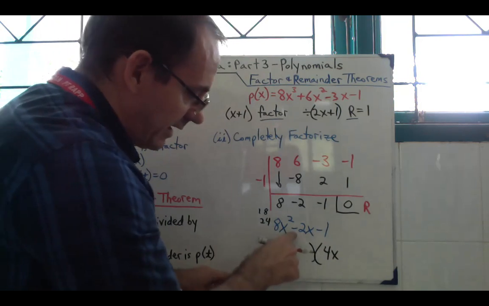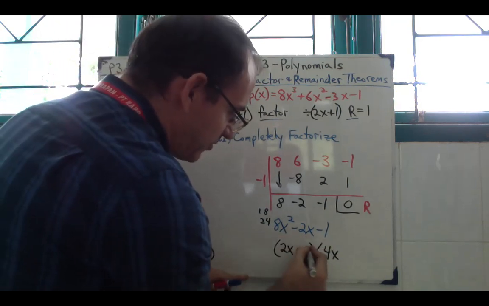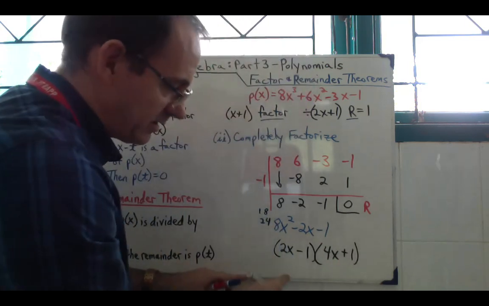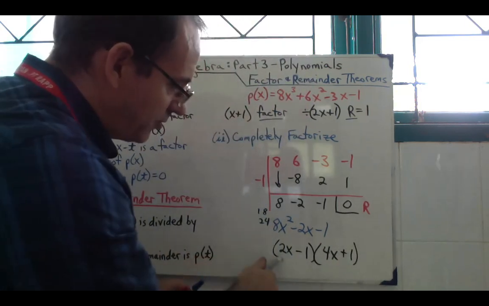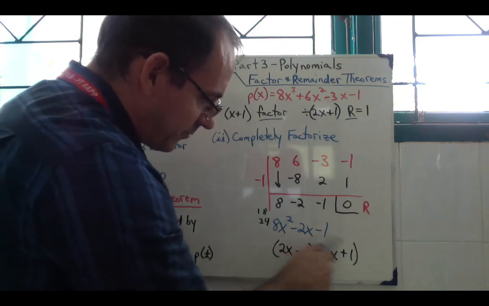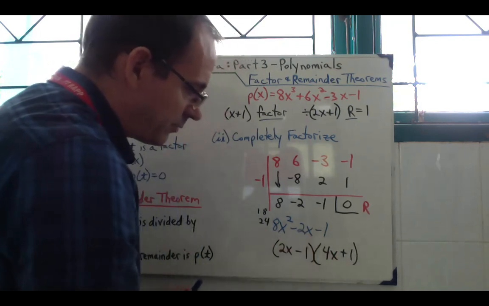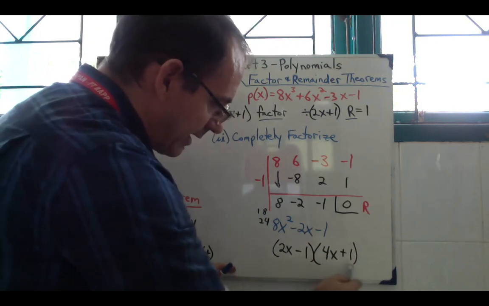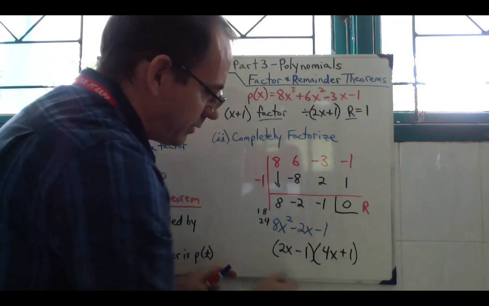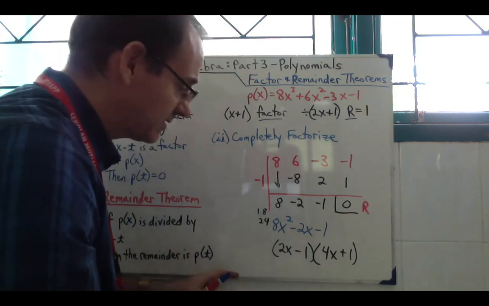We want the x's to end up negative, so we're going to subtract 1, and over here we're going to add 1. So we can double check that. 2x times 4x is 8x squared. Negative 1 times positive 1 is negative 1. We have a negative 4x and a positive 2x. So negative 4x plus 2x is a negative 2x.